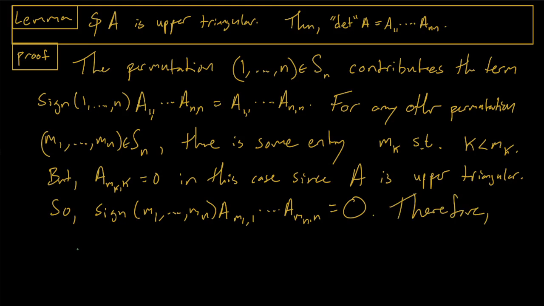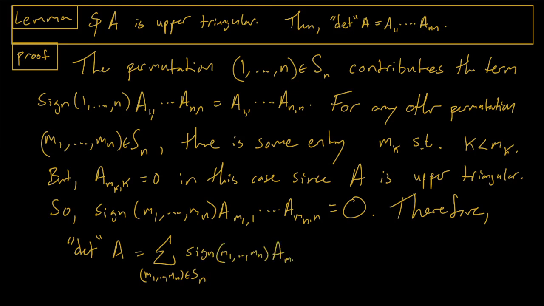Therefore, I'll write it out, the quote-unquote determinant of A is equal to the sum over m1 through mn in Sn of the sign of m1 through mn times a_m1,1 through a_mn,n.